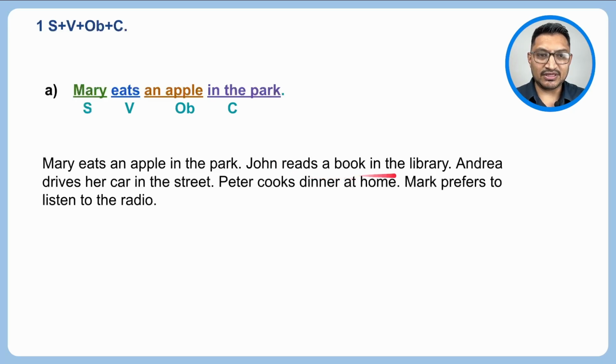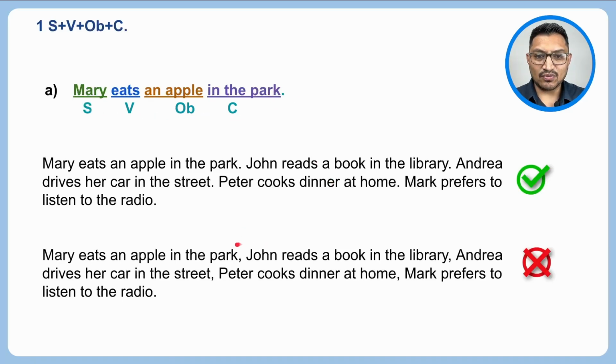John reads a book in the library, period. Andrea drives her car in the street, period. Peter cooks dinner at home, period. Mark prefers to listen to the radio, period. Note that every time I completed a sequence, I end with a period, not with a comma.